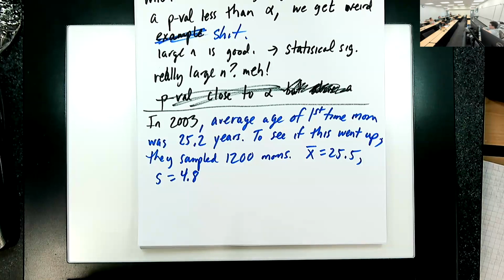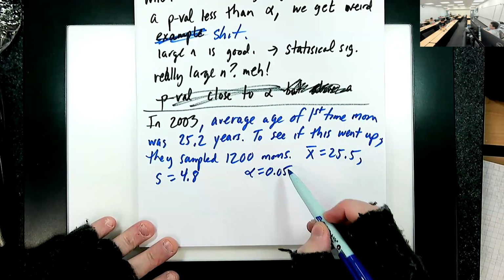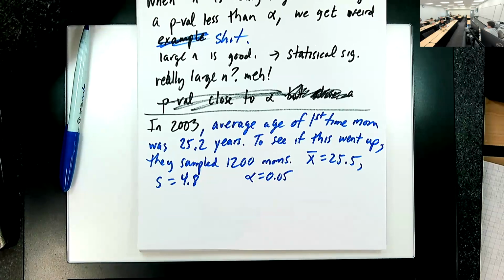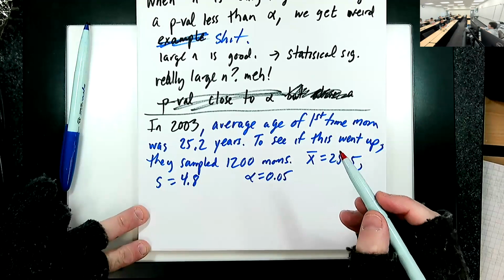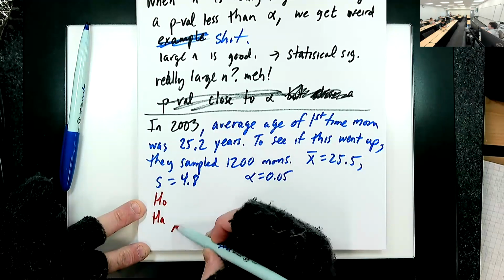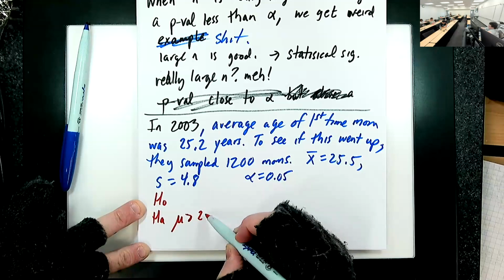We're going to test this at alpha equals 0.05. So they want to know if it went up. Went up means increase, so increase would mean mu is greater than 25.2.